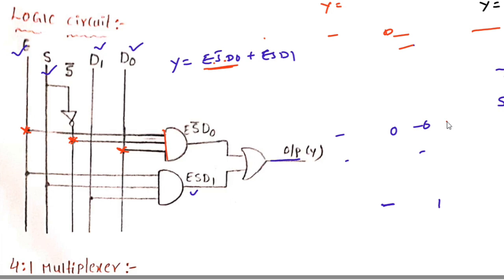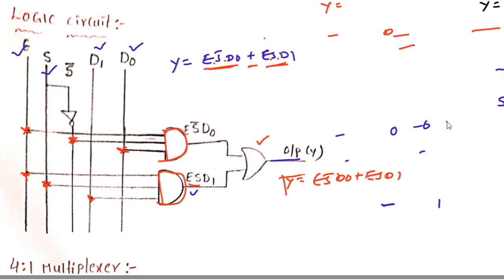That's why I'm connecting them together like this. Now it is E S bar. Another one is E and S, because S equal to 1 means D1 will be selected, so I'm taking D1. These are in an AND relationship, so I connect them to another AND gate. Now for E S D1, we have plus, which is nothing but an OR gate. The output is Y equals E S bar D0 plus E S D1.